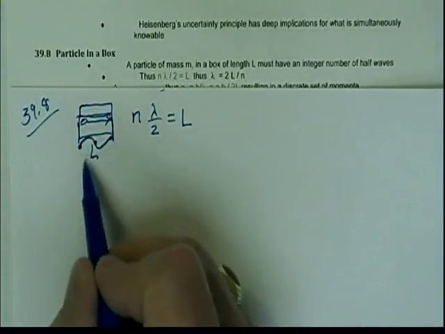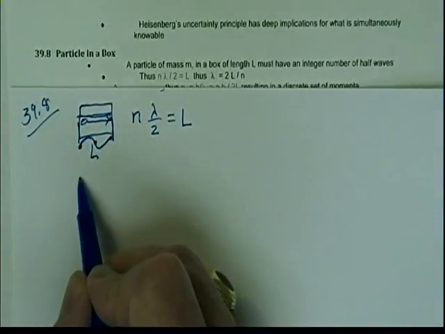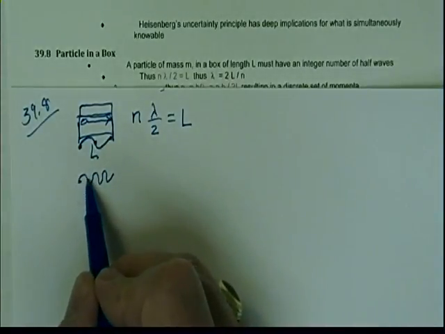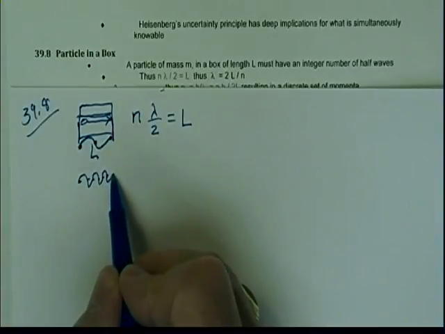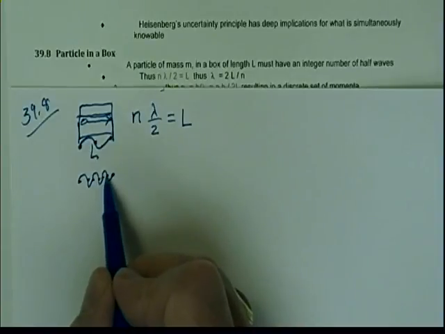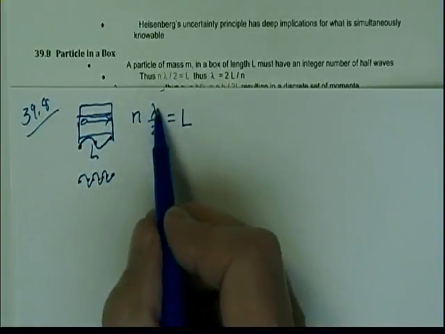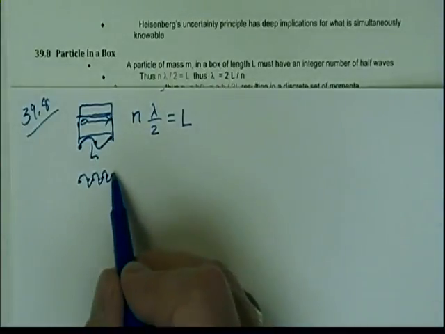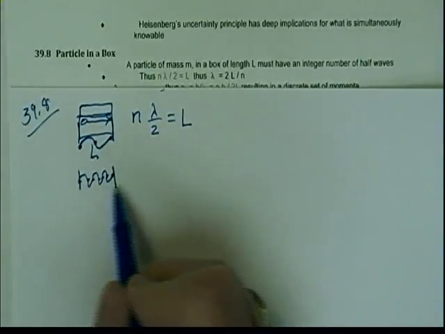Now that just means that we can fit in a half wave that might be something like this, from a node to a node, node, node, node, node to another node. That would be 1, 2, 3, 4, 5, 6 half waves. Or I can have 7 half waves, but I have to have a node here and a node here.